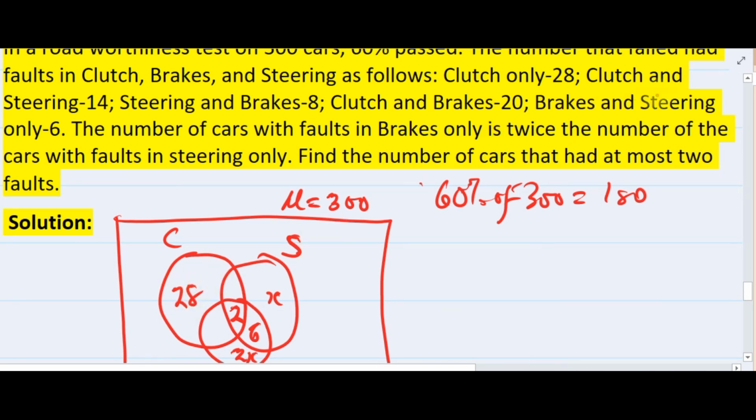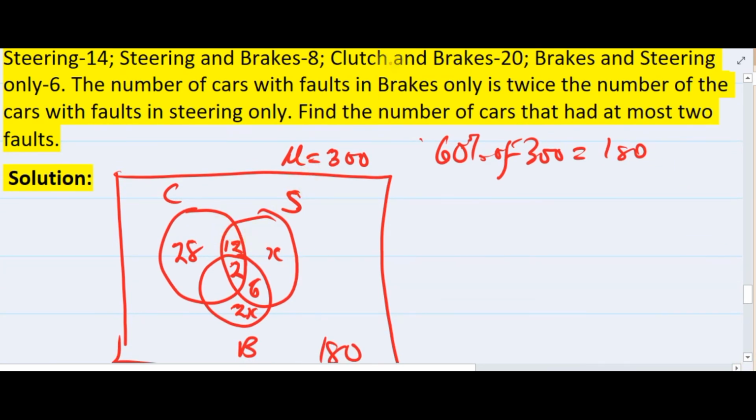Clutch and steering, there is no only. Clutch and steering is 14, so meaning here should be 12. So again, what are we missing? Clutch and brakes 20. Remember, 20 here should be 18 because out of it 2 has all.